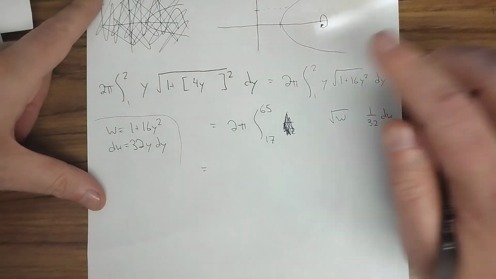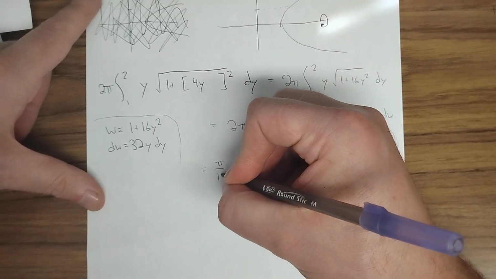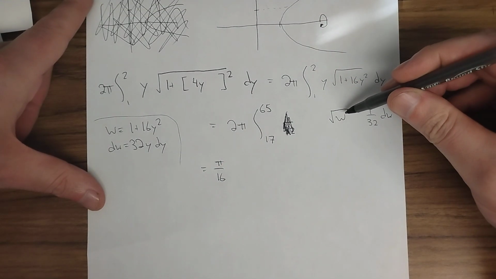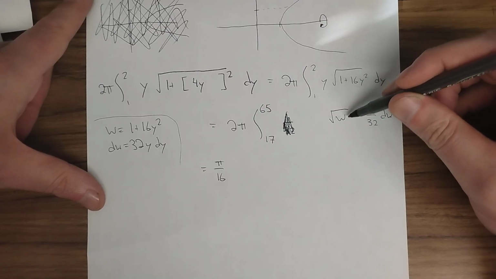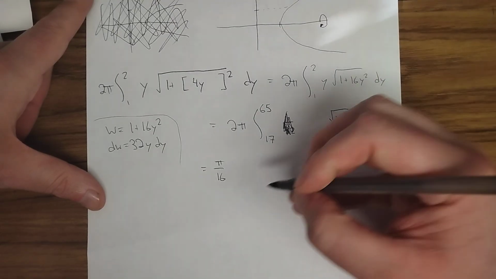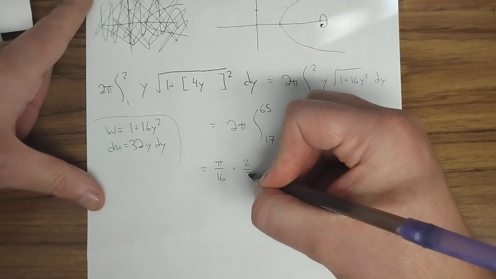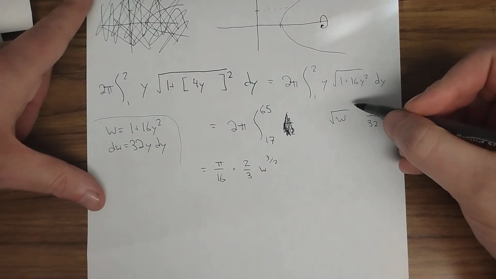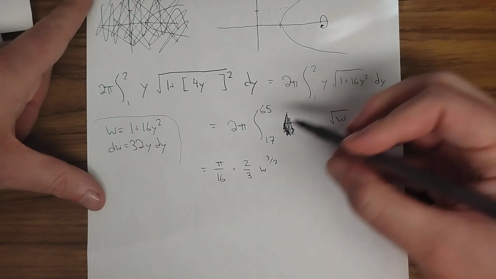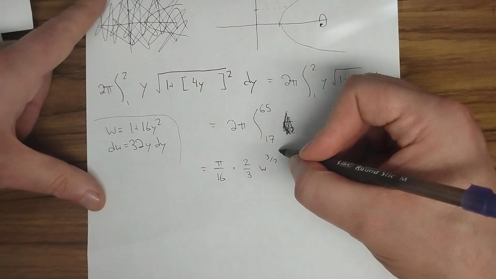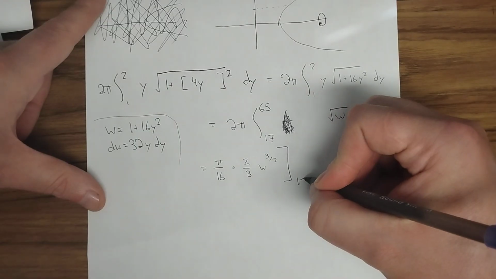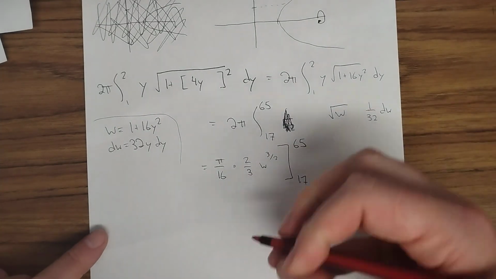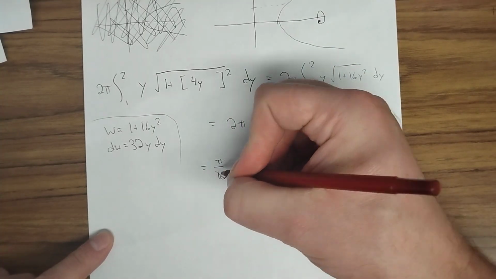All right, let me pull the 1 over 32 out. So I've got pi over 16. And then, yeah, okay, I can do this all in one step. This is w to the 1/2, and how do I integrate that? I go 2/3 w to the 3/2, right? Because it's w to the 1/2. I increase the power by 1, and I do the reciprocal. 17, 65, cancel a little bit.